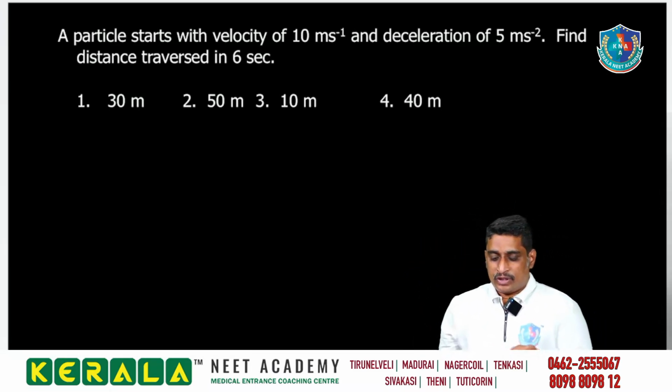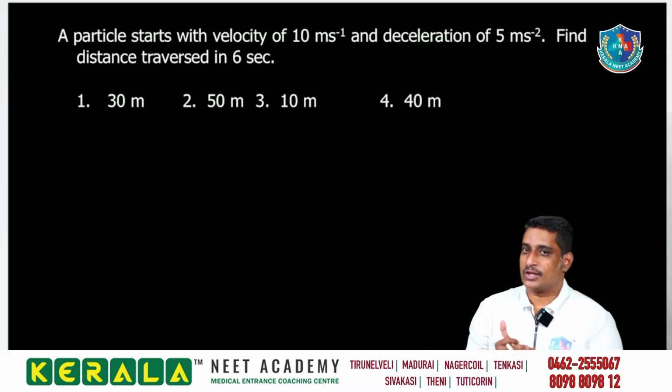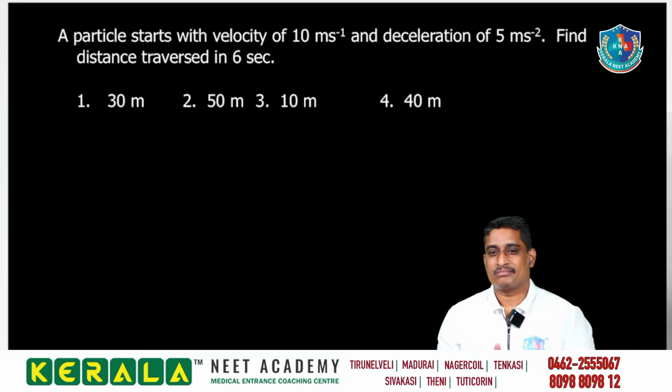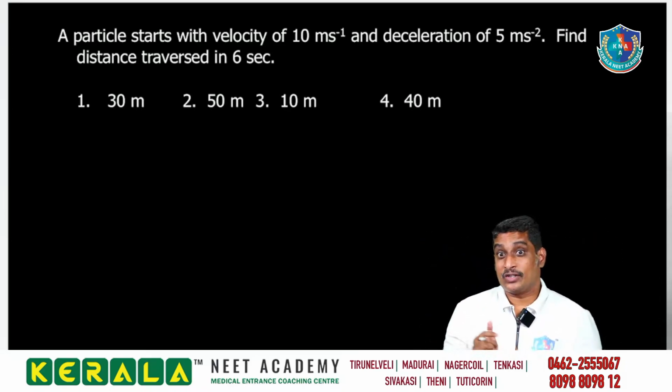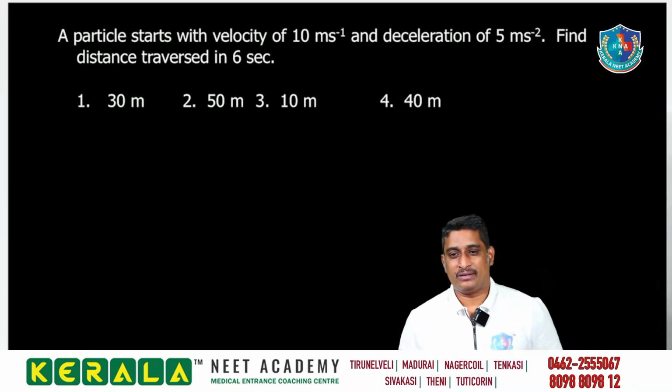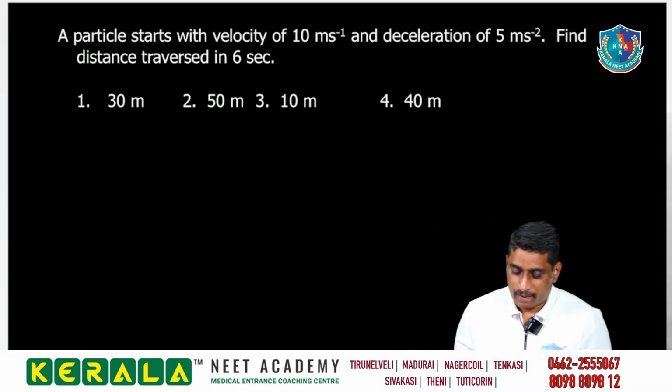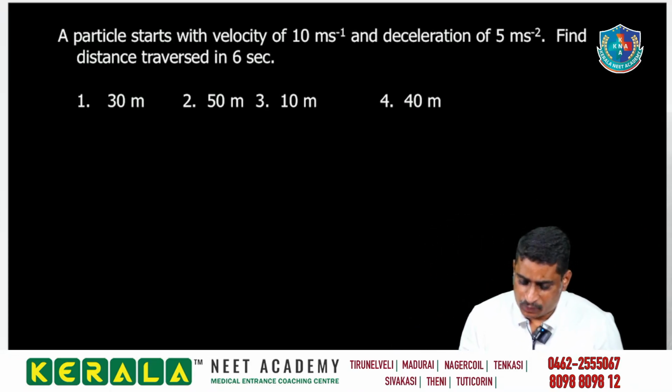In this particular question, actually they are asking us to find out distance covered by the particle in time 6 seconds. By using the kinematic equation, let us calculate displacement covered by the particle. After that we will see. Suppose in this particular case, particle has started from the origin, you can think.